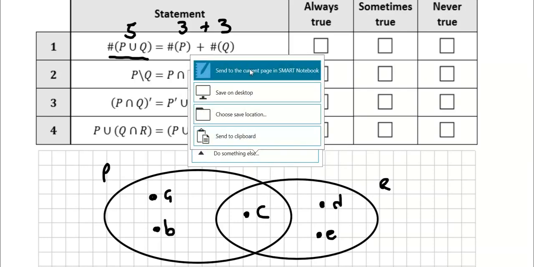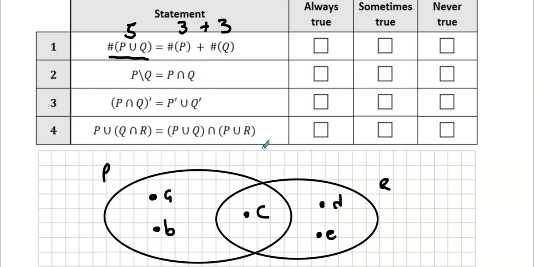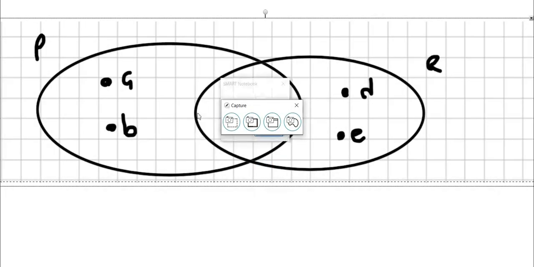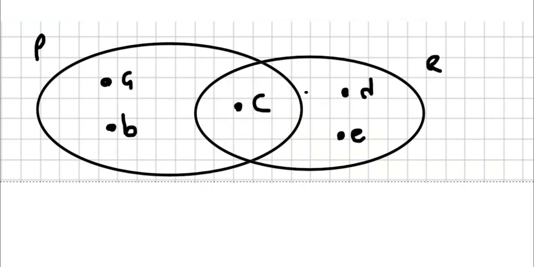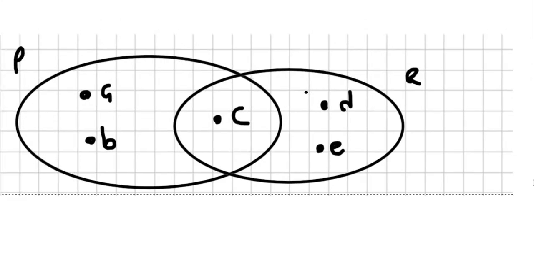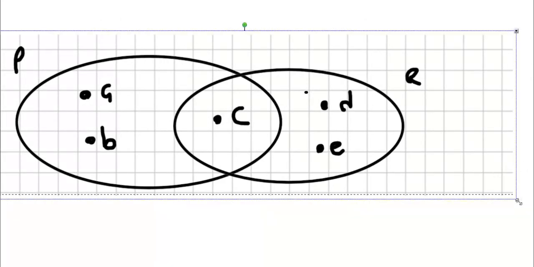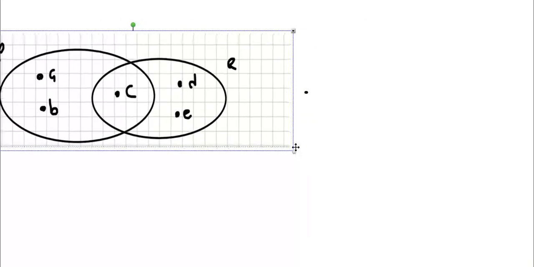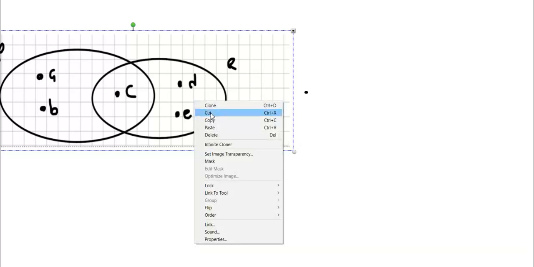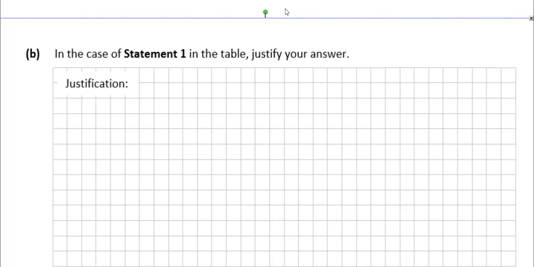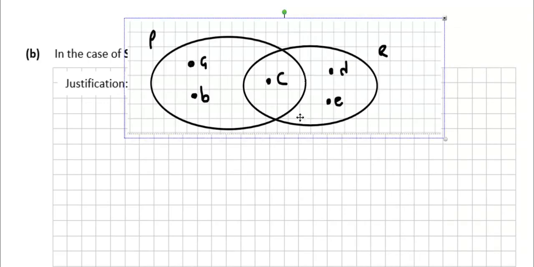We'll put it onto a new page. You'll see why I'm doing that in a second. So it says in part B, I read through part B earlier, that you need to justify the answer to statement 1. So that's what we're going to do. So paste.